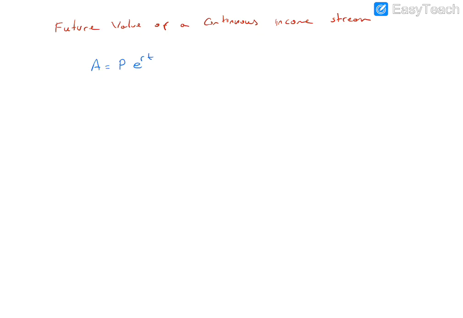You can recall, we also revisit these topics in this term. A equals P times e to the power rt. You remember, P is the principal or present value, A is the amount or future value, r is the annual rate of continuous compounding expressed as a decimal, and t is the time in years that the principal is invested.